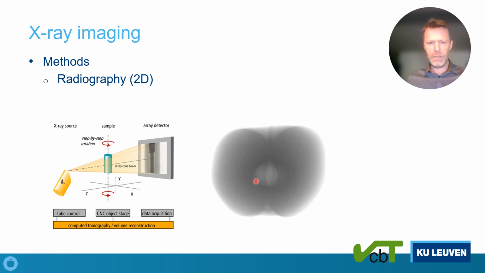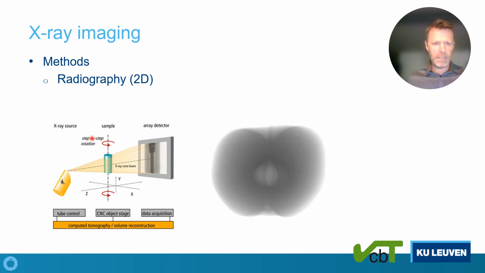Also you see a gradient from the center to the edge of the fruit. So in the core of the fruit, or around the core of the fruit, you have more material where the X-rays have to pass through, so you have more absorption there, which creates a darker contrast here. While on the edge you have much less material where the X-rays have to pass through, so in a natural way this gradient in grayscale also gives you a little bit of an idea about the varying thickness of this object.